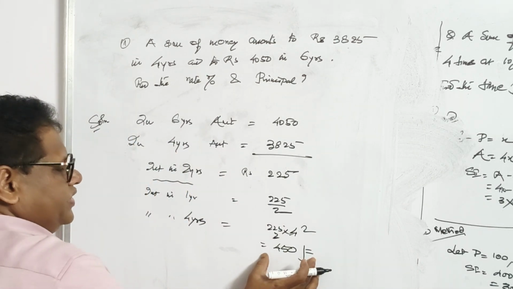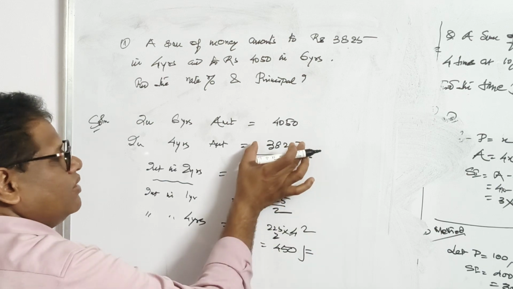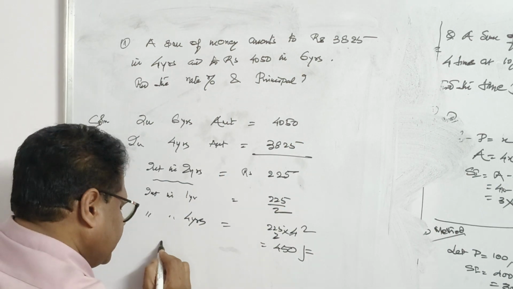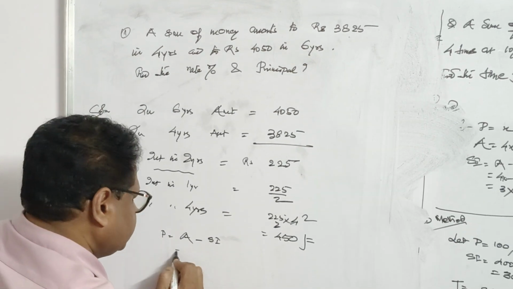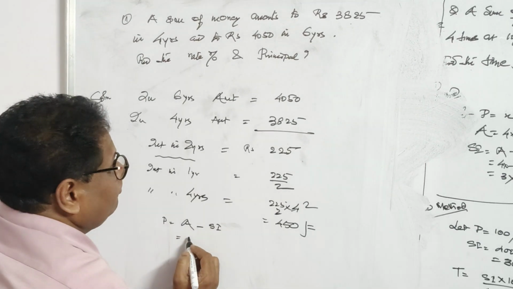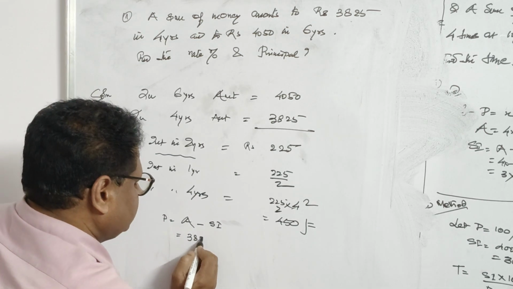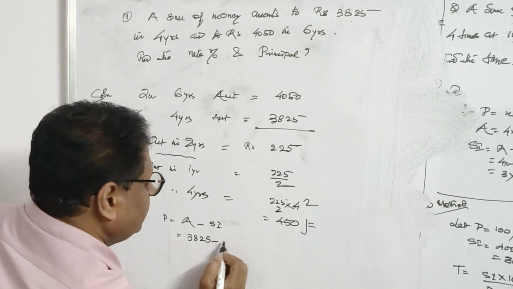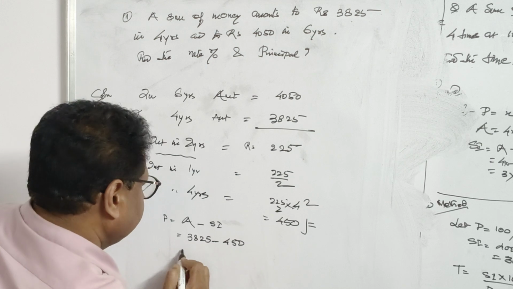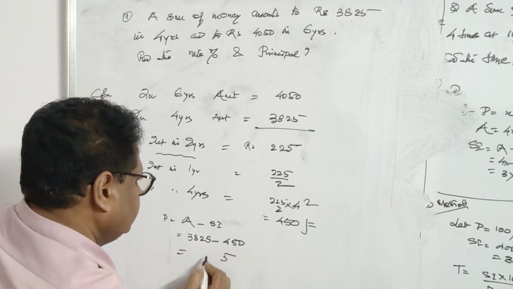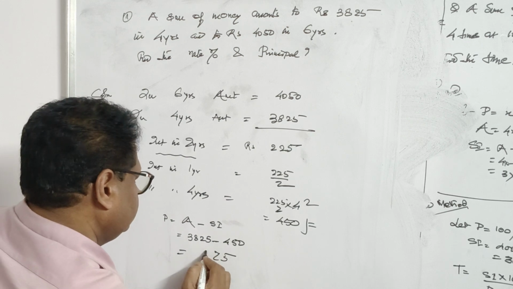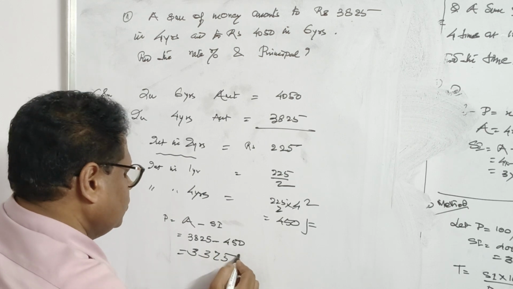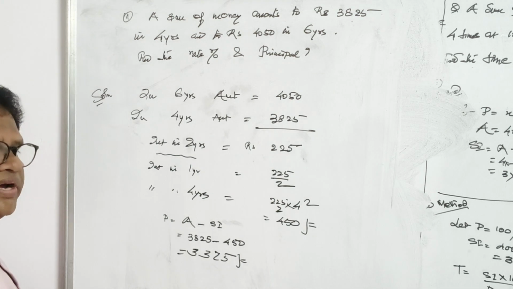Now this is the interest in 4 years, this is the amount in 4 years. So to get the principal, we have the expression amount minus simple interest. The amount in 4 years is 3825. From that you are subtracting 450, so this is the principal, right?